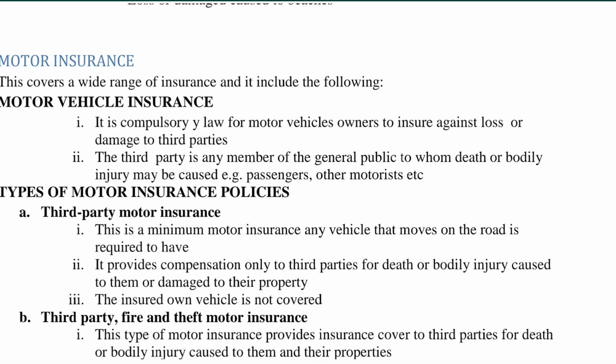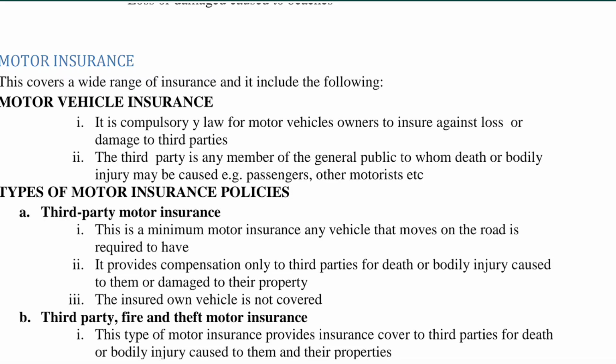It is compulsory by law for all motor vehicle owners to insure against loss or damage to third parties. Now, who is a third party? A third party is any member of the general public to whom death or bodily injury may be caused, such as passengers or other motorists.